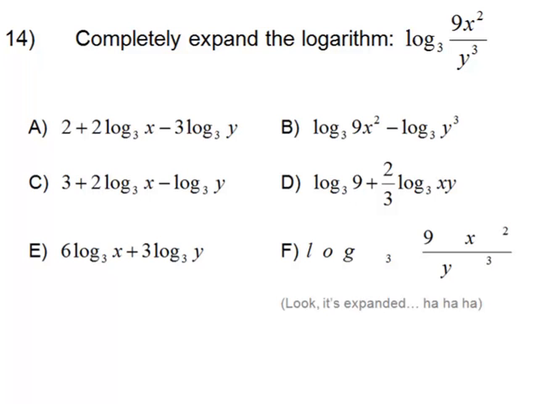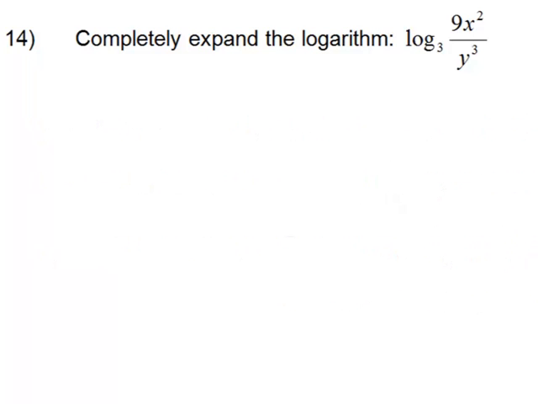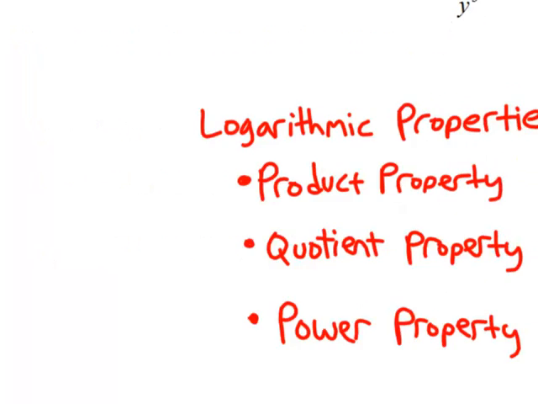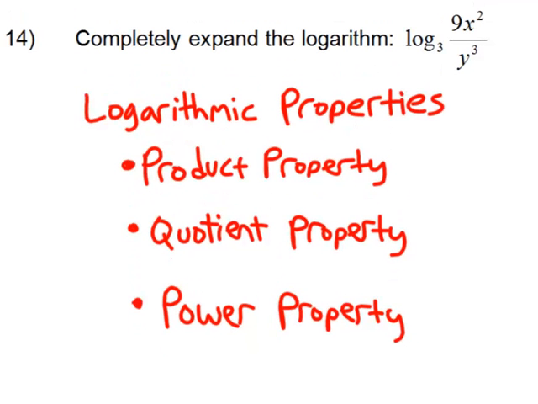Number 14, completely expand the logarithm. And you're expected to basically recognize that this comes down to your logarithmic properties. So let's get these out of the way. I want to remind you, there are your product property, sometimes people call it the product rule. I say product property.